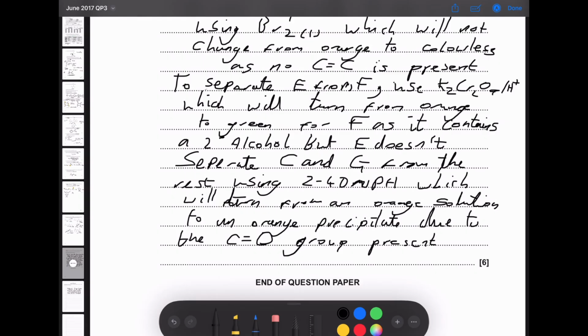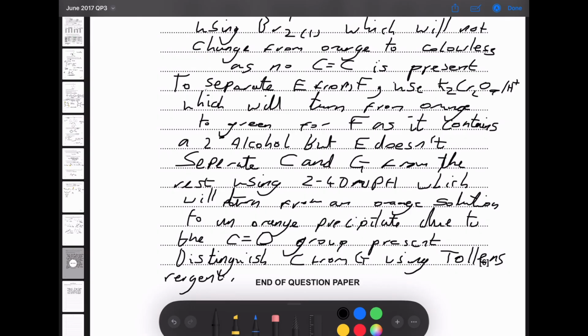And then how are we going to distinguish C and G? Well, one's an aldehyde and one's a ketone. So how do we distinguish those? To distinguish C from G, use Tollens reagent, which will form a silver mirror at 50 degrees.